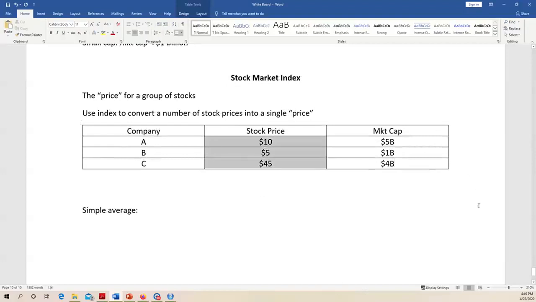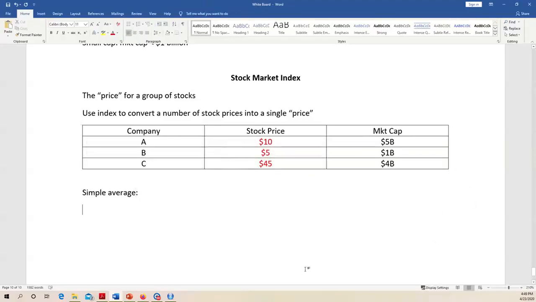So how can we convert the prices for 3 companies into one single number, one single price? We can do a so-called simple average. So what's a simple average? Let's just calculate the average price across these 3 companies.